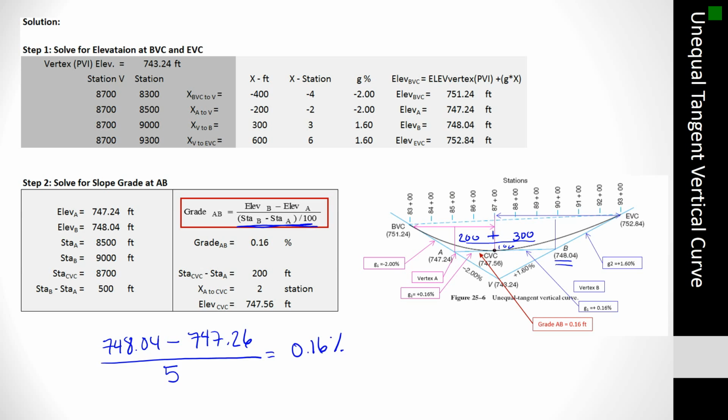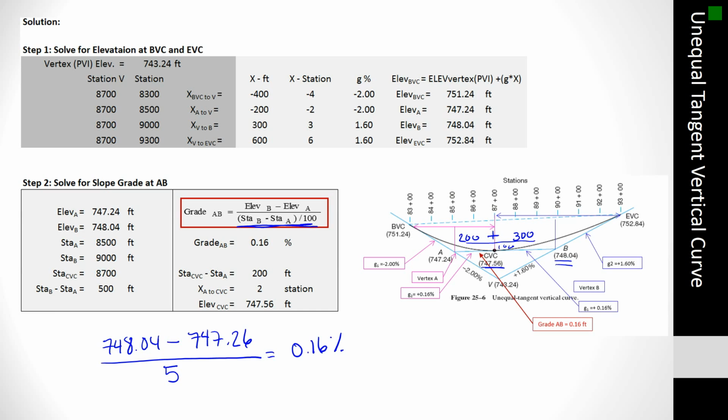Now, when we do that, we have to figure out the elevation at where the curves meet. The vertical curves, or compound curves, is what it's called.